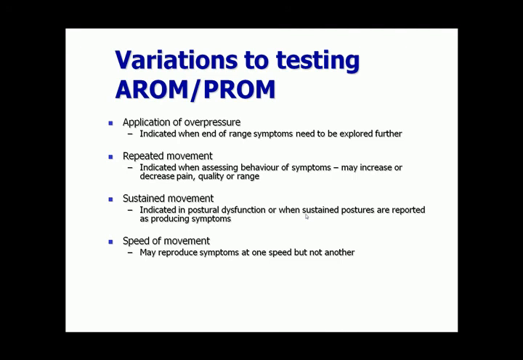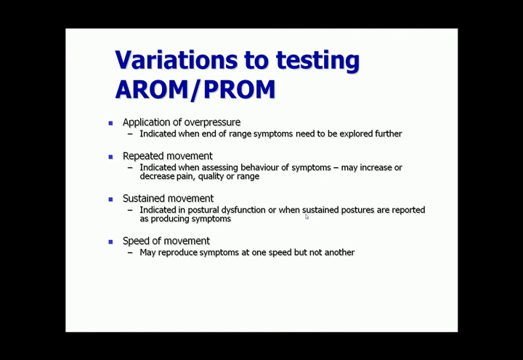You may also employ a repeated movement, so asking the patient to repeat the active range of movement several times and see if symptoms increase, decrease, or their quality or range of movement changes. You may also ask the patient to sustain a movement in a particular posture, and this will indicate a more postural type of dysfunction.